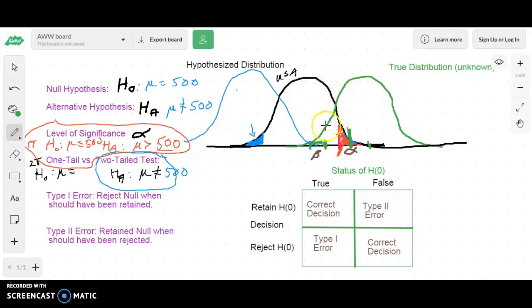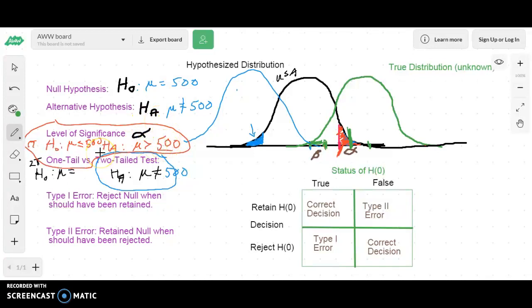And the green distribution is an unknown population, which is the whole reason why we're conducting this study. If we knew it, we wouldn't have to do it. So there's an unknown population that we're trying to compare to our known previous one. And that is the foundation of the null hypothesis and alternative hypothesis.